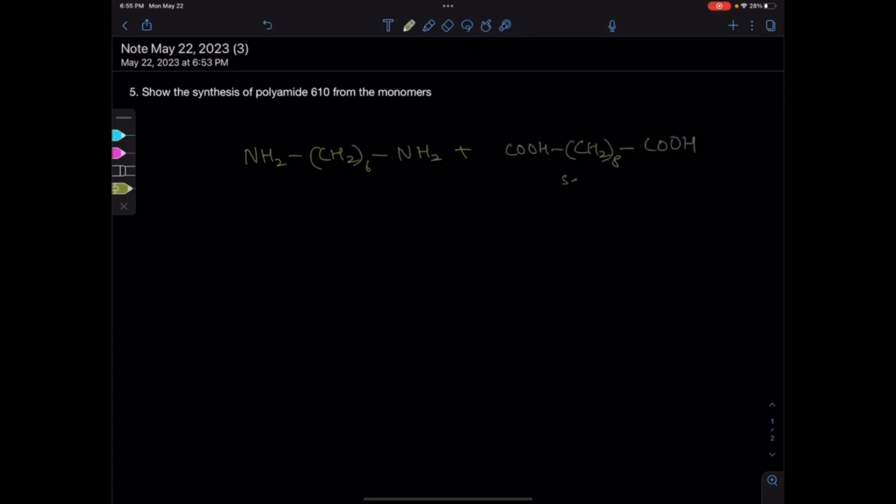So this is sebacic acid, and this is hexamethylene diamine, and that will condense, eliminating a molecule of water.